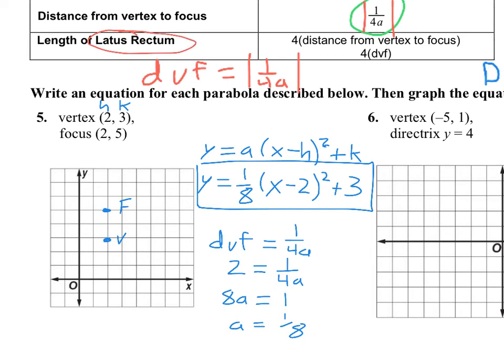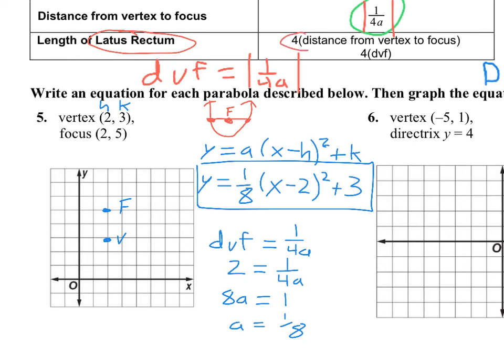So what is a latus rectum? A latus rectum is a line segment that has endpoints on the parabola, and it also goes through the focus. So a latus rectum is a line segment that goes through the focus and stops on the parabola.